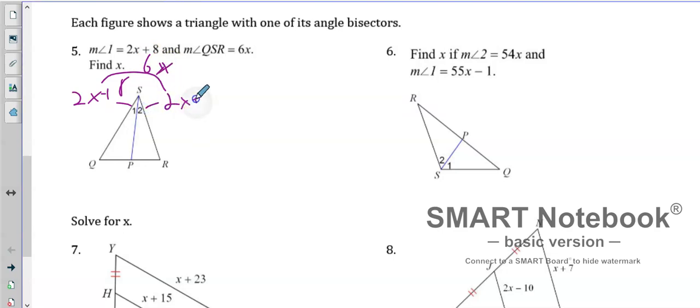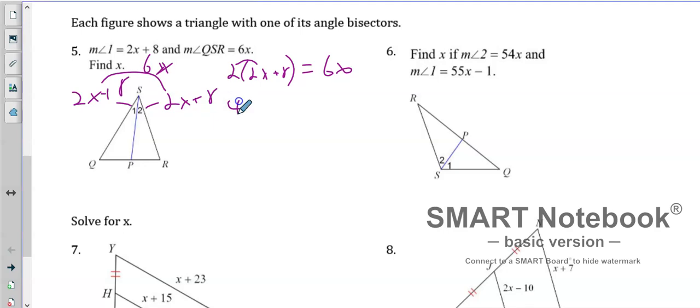I would mark this like so, because many of you on this chapter test wrote 2x plus 8 equals 6x, and it doesn't. It takes two of these to equal 6x.